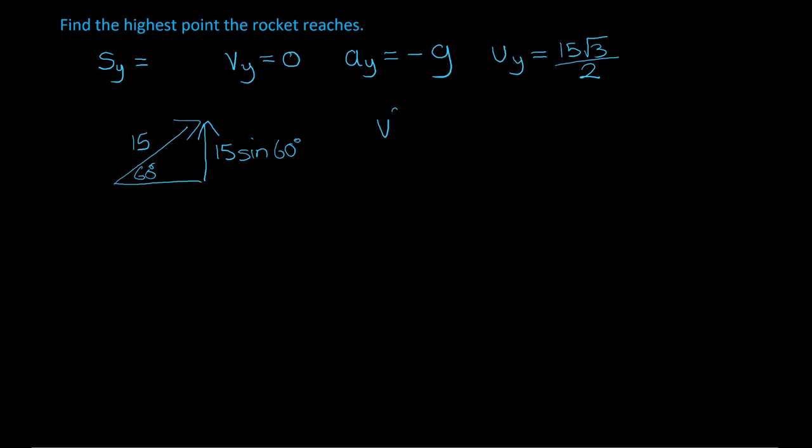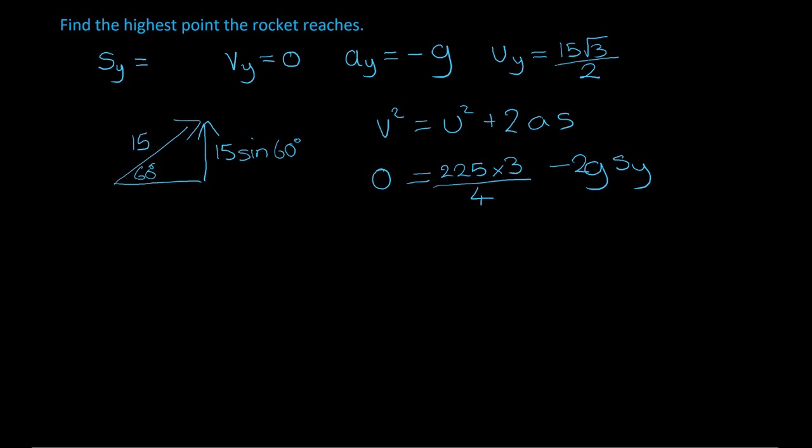Again we use a SUVAT equation, this time v squared equals u squared plus 2as. Our v is 0. Our u squared is 225 times 3 all over 4. And our acceleration is minus g, so that's minus 2g times the s we're trying to work out.